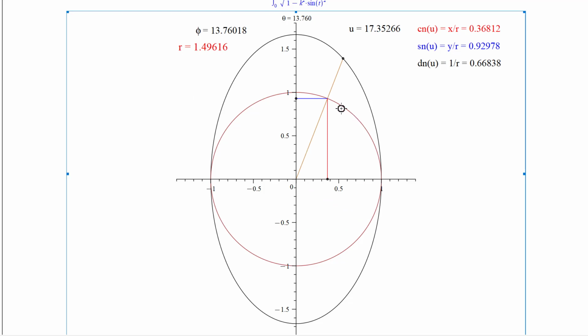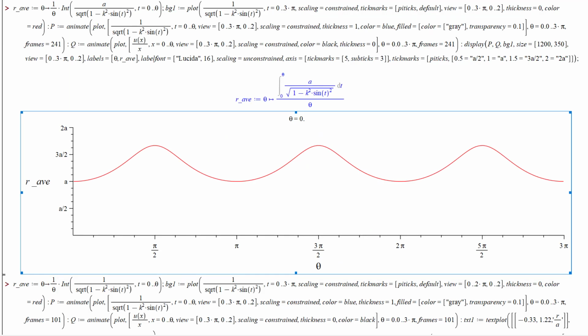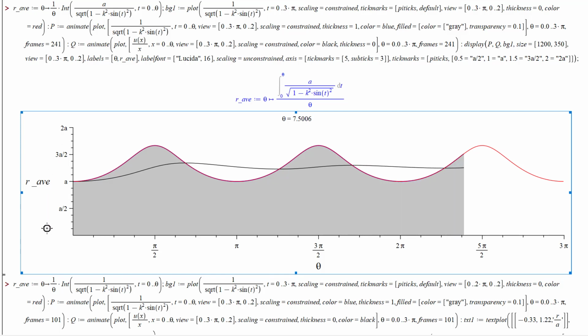But the important thing to notice is that for any phi, we have an r. R changes from a low of 1 to a high of 5/3. Again, I want r in units of its minor axis, which in this case is 1. So again, here's a plot of r and its running average. But here I've done it not as r over a, but r in terms of a, its minor axis.